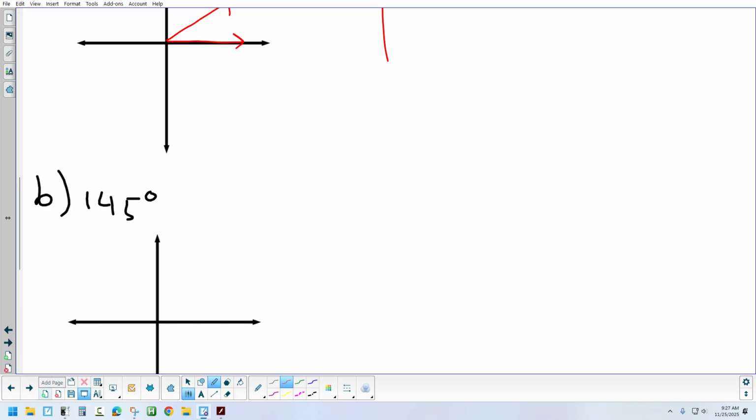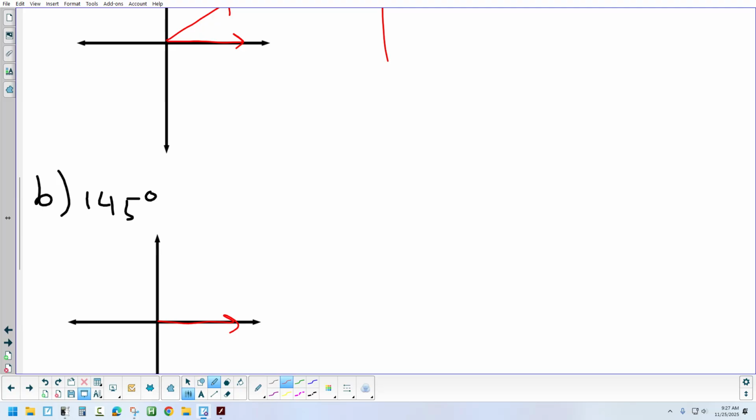All right, let's sketch 145. Okay, initial side, no choice about that. Where would the terminal side be? It's in the second quadrant, the upper left. Upper left is quadrant 2.